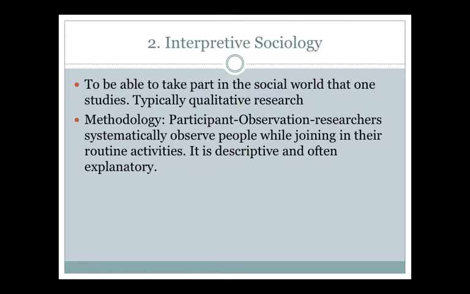You're actually a part of the social scene with interpretive sociology. So the methodology that's most used here is what's called participant observation. You're a participant, you're participating, and you're also observing what people are doing. It's definitely descriptive and explanatory. You're describing what's going on, and you're trying to make sense of it and explaining it as well.